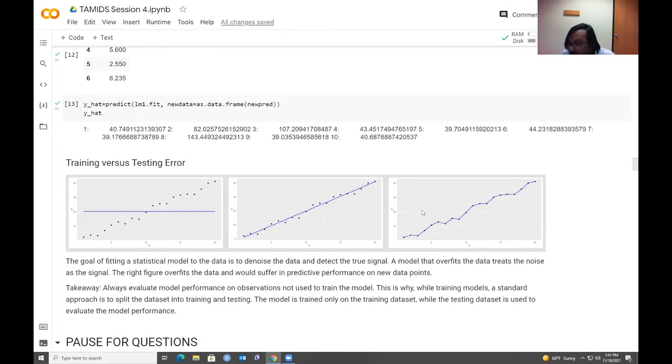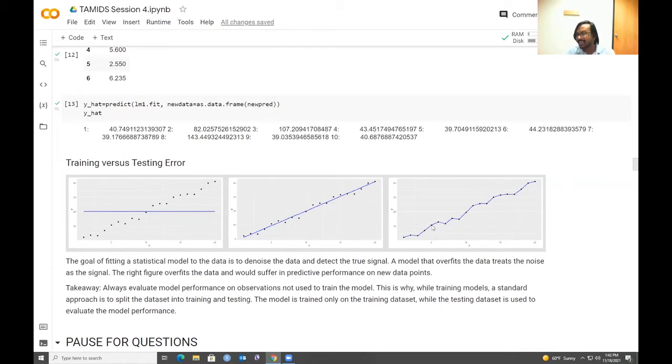Even though it seems like this particular plot fits every single data point perfectly, it is going to suffer when you are trying to do prediction on new values, because there it cannot fit the individual idiosyncrasy of the new data point, right? And then the overall performance suffers. So when we are trying to evaluate performance, we should always evaluate it on observations that are not used to train the model.